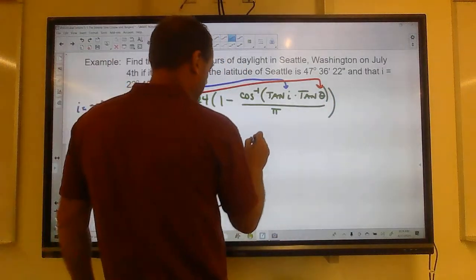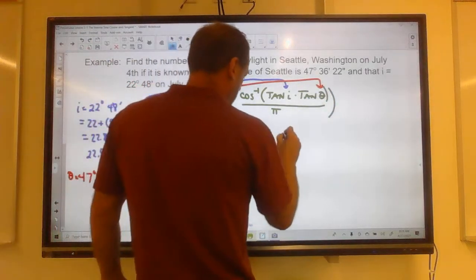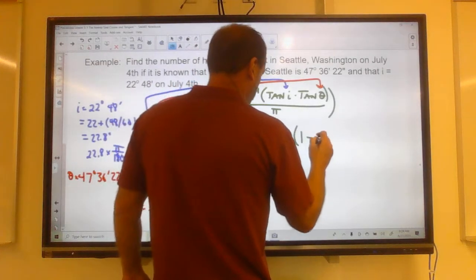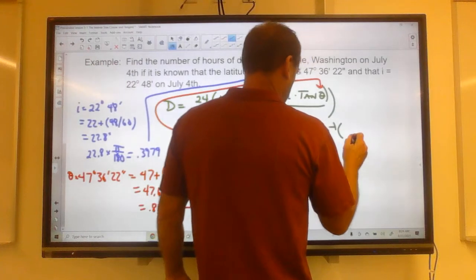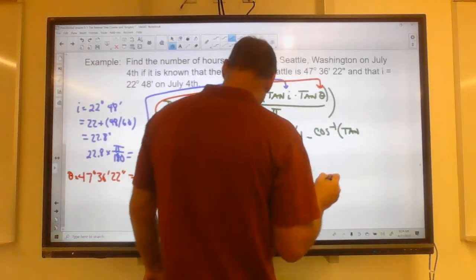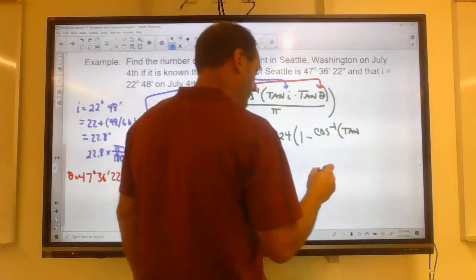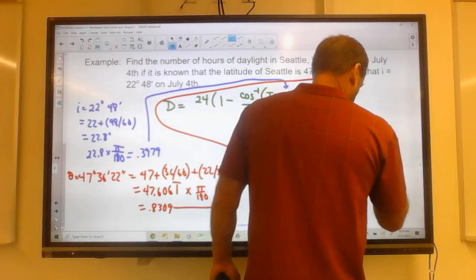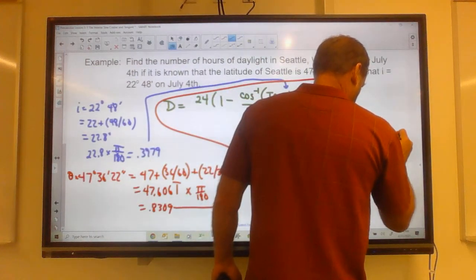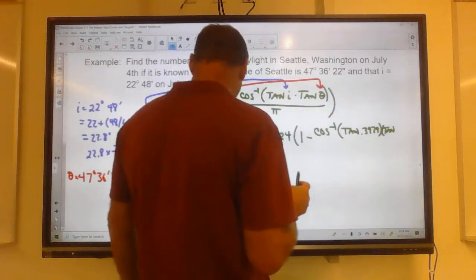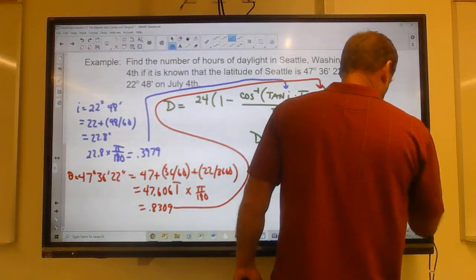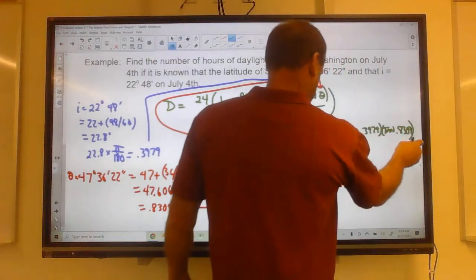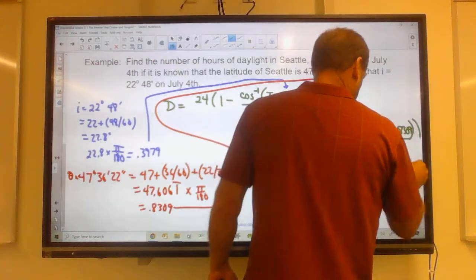So now we can figure this out. The daylight is going to be 24 times 1 minus arc cosine of tangent of 0.3979 times tangent of 0.8309, divided by pi.